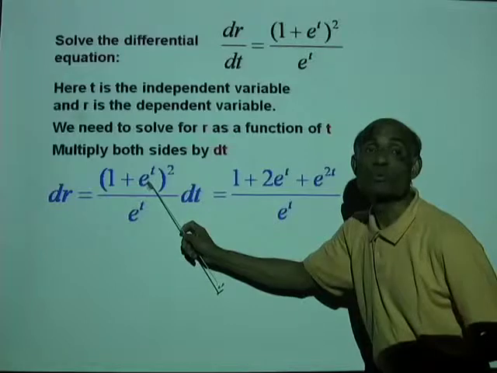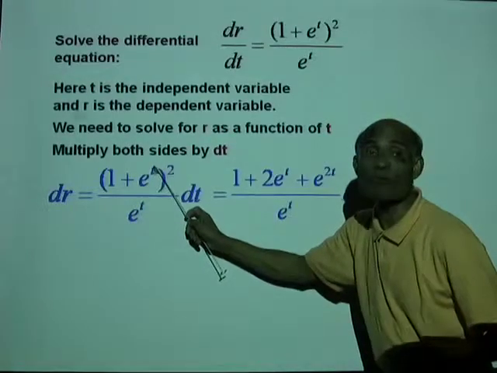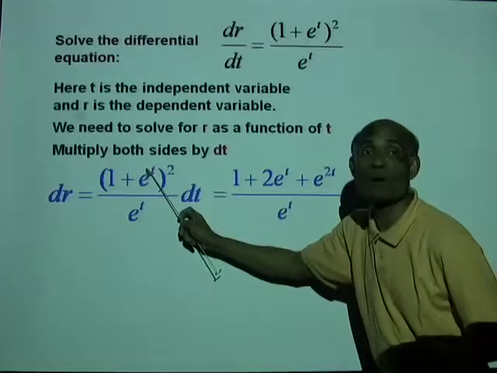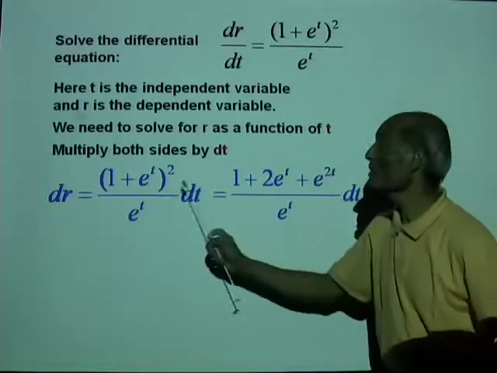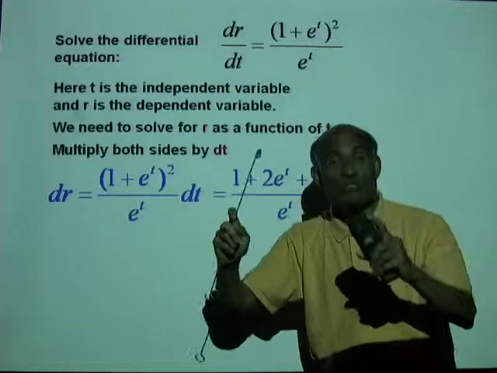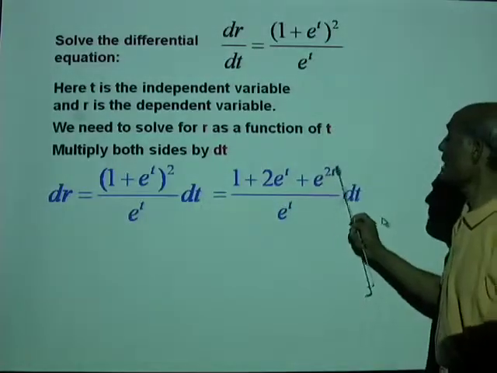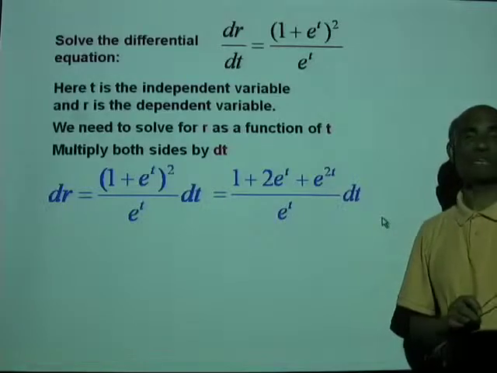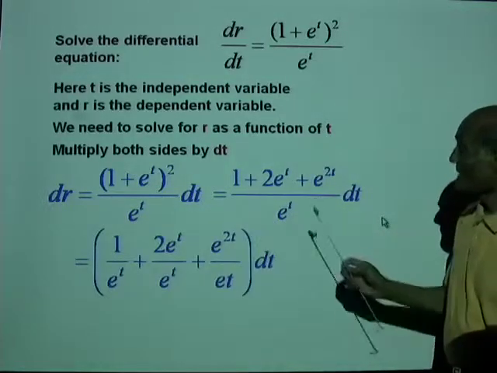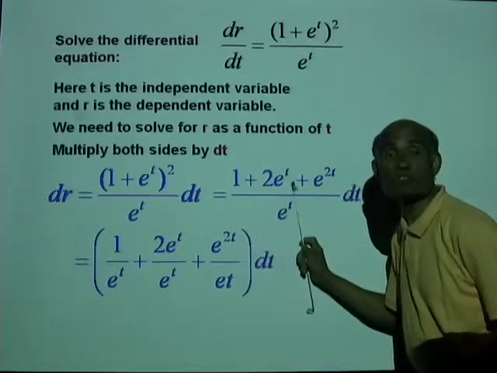Then when you raise a power to the power of 2, simply multiply that power. That will be e to the power of 2t. So e to the power of t raised to the power of 2 is e to the power of 2t, all divided by e to the power of t. Well, now you can split this into 3 pieces.